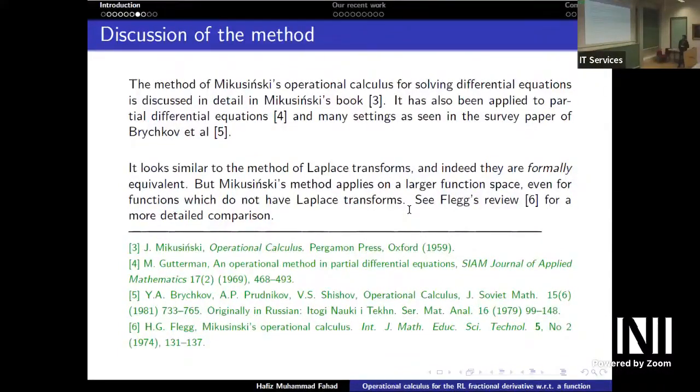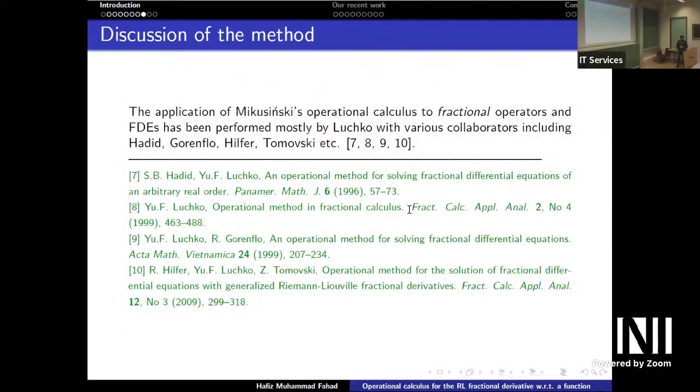For more details, please see reference number 6. The applications of Mikusiński's operational calculus to fractional operators and fractional differential equations has been performed mostly by Luchko in the 1990s with various collaborators including Haddad, Gurinflo, Hilfer, Tomasky, and others.